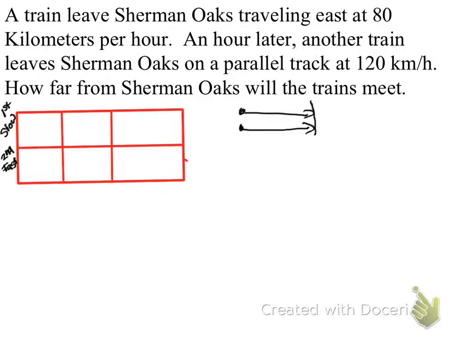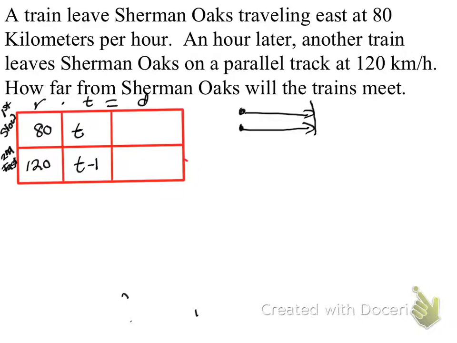So for the slow, the rate would be 80, and the other one would be 120. Now here's where it gets a little sneaky, with the time. For train 1, it would be T, and the second one will be T minus 1, because he's traveling 1 hour less.